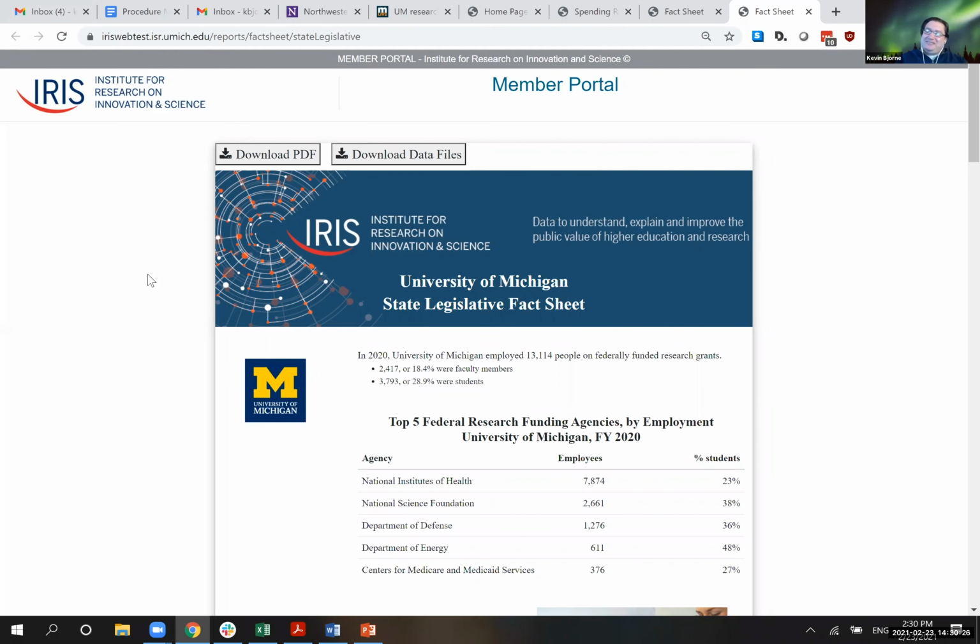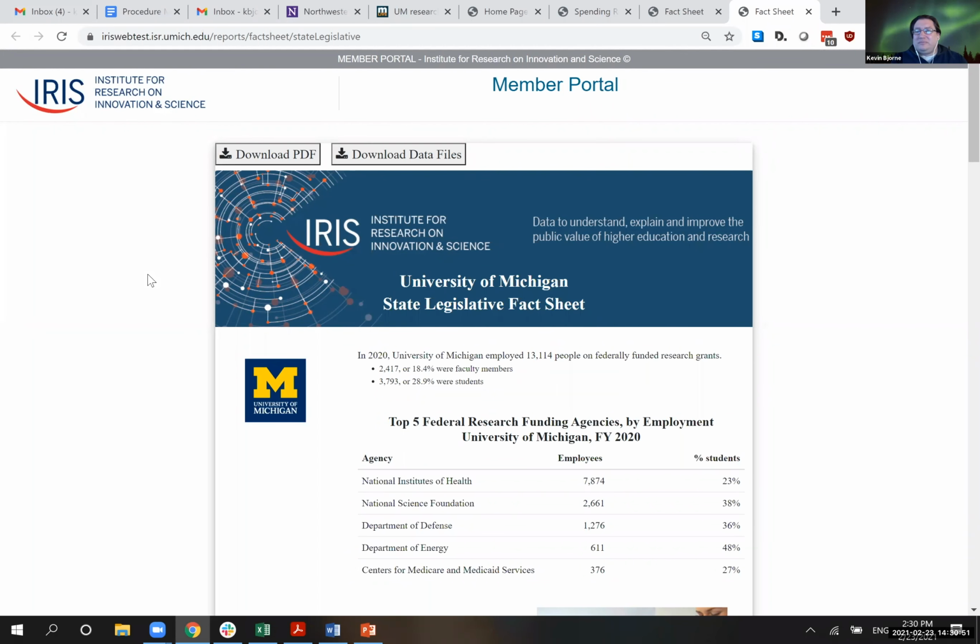University associations like AAU get aggregate versions of reports for their members that are also IRIS members. So there's a variety of different ways to access the data. If you want access to some of this information, feel free to reach out to us, shoot us an email, and we can figure out how to make it work.